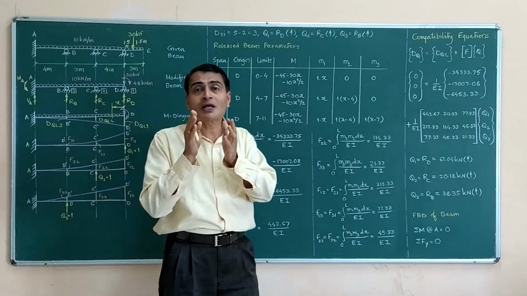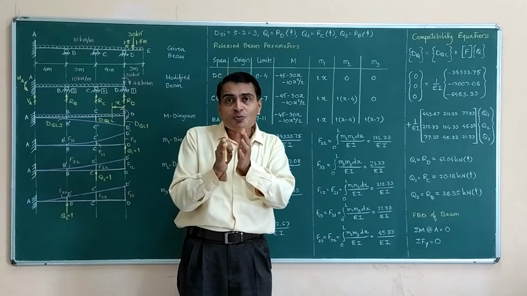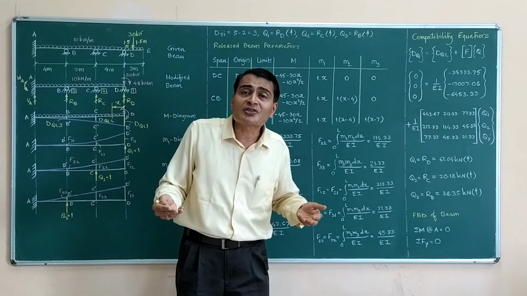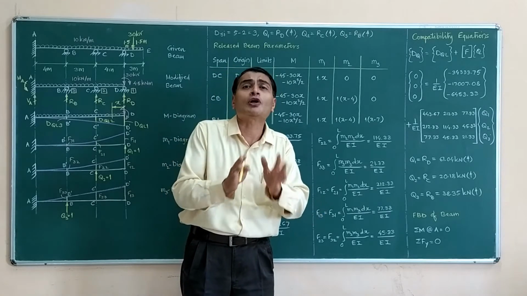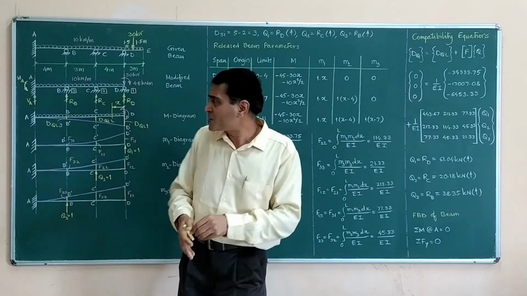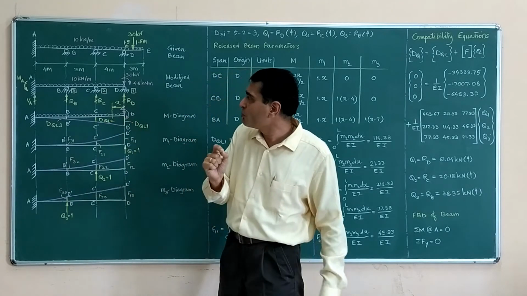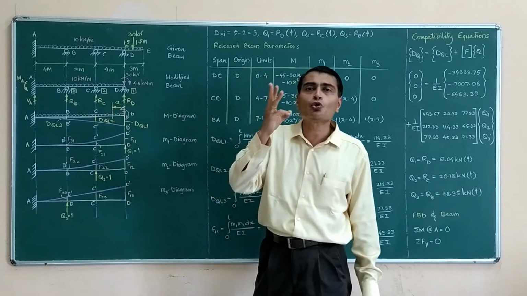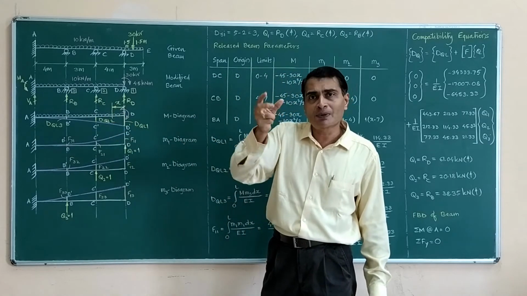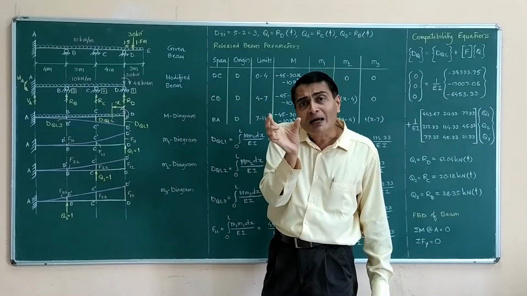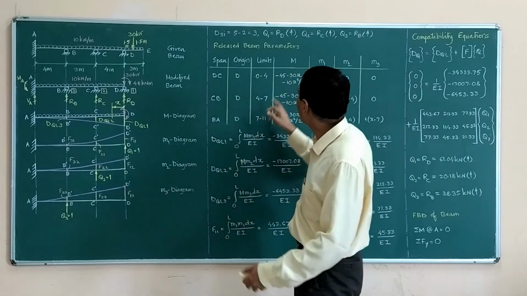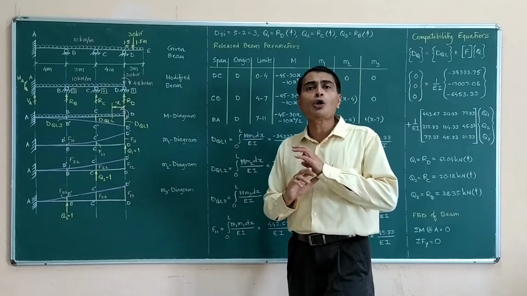That is negative 10 into x by 2, that has become minus 10 x squared by 2. Minus means hogging. So as far as span BC is concerned, the bending moment at the section is due to three causes: couple moment, point load, and UDL. That's why I am having three expressions, all hogging.